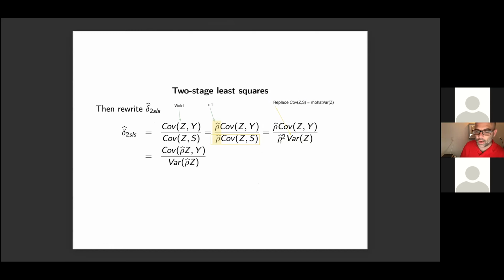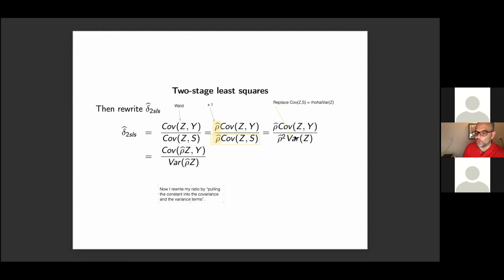When I do that, I get rho hat squared variance Z. Now I rewrite my ratio by pulling the constant into the covariance and the variance terms. So the covariance term just becomes covariance of rho hat Z, and the variance term, rho hat squared, just becomes variance of rho hat Z.